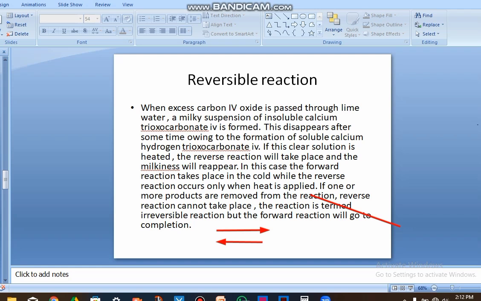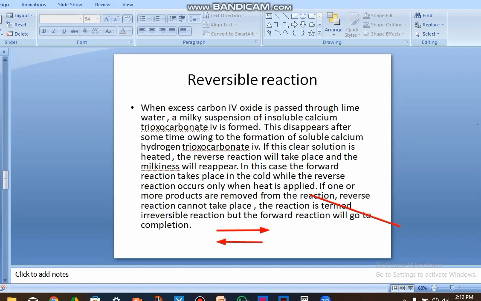But in a situation where one of the products is removed from the reaction, because you know that when those products are formed, they must combine the same way that the reactants combined, so those products will combine together to form the reactants again.